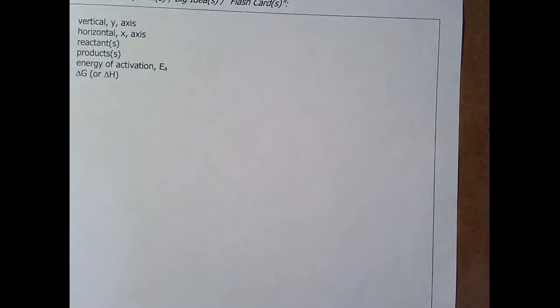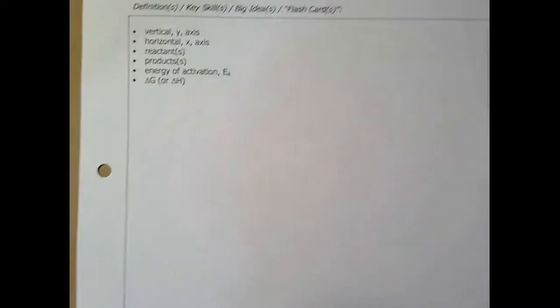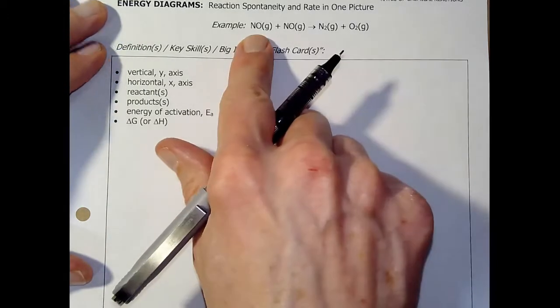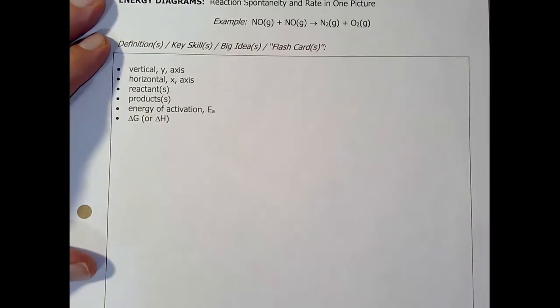So I'm going to look at page 7.15, and I have enough room there? Okay. Here's what I'm going to do. Actually, I'm going to zoom that up a bit. There's my reaction. Nitrogen monoxide making N2 and O2. I'm going to draw this graph here.